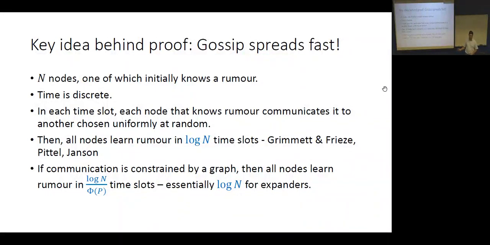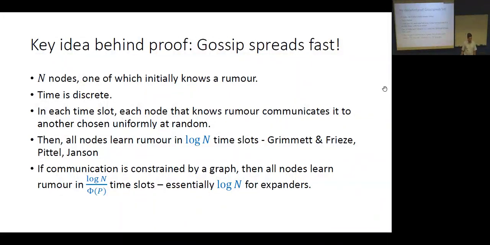And Janson generalized it to continuous time models instead of discrete time models. But in considerable generality, you basically have on the complete graph log n time slots. And if you look at other graphs, you have this conductance coming. It takes longer by an amount which depends on the conductance. And that's why that comes up in all.